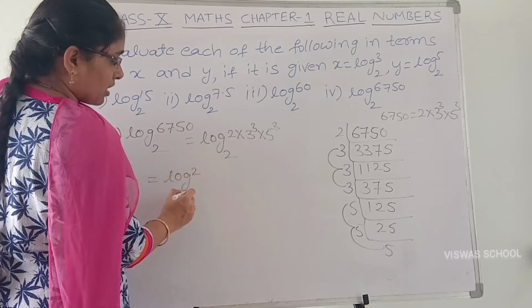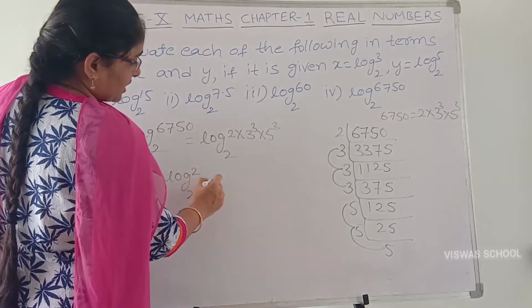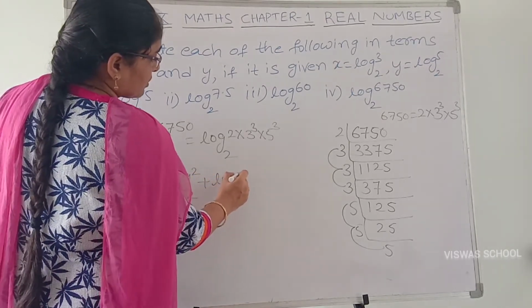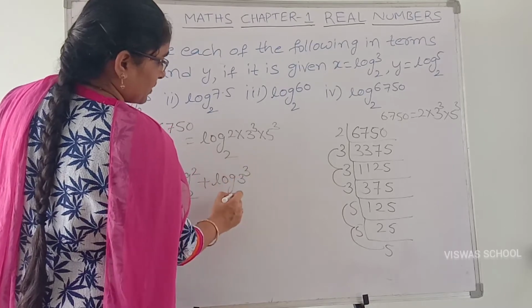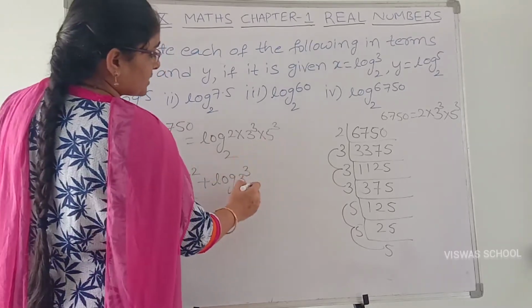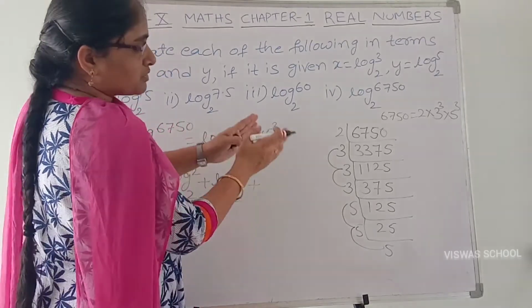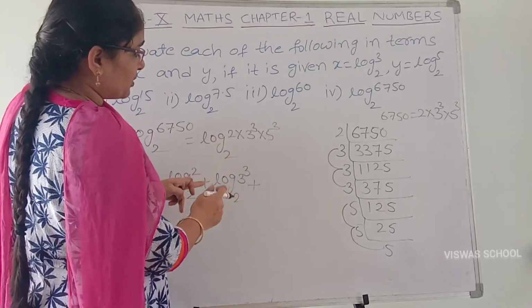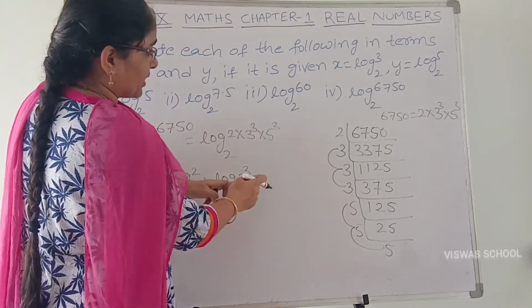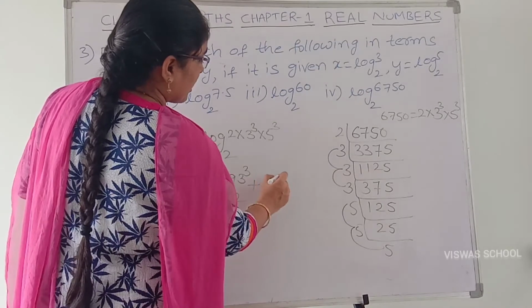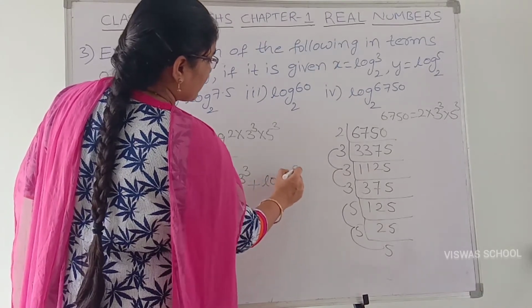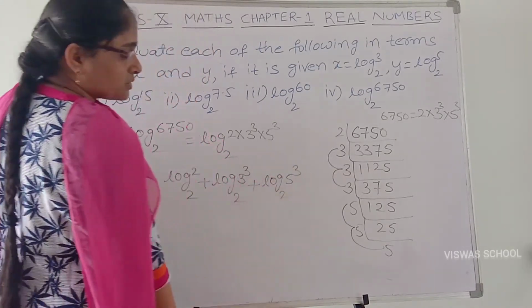That is log 2 base 2 plus log 3 to the power of 3 base 2. And next one: if it is 3 times, 4 times, 5 times, whatever it may be, we have to use plus only, we are adding. That is log 5 to the power of 3 base 2.